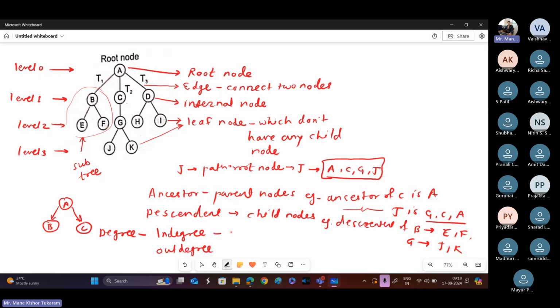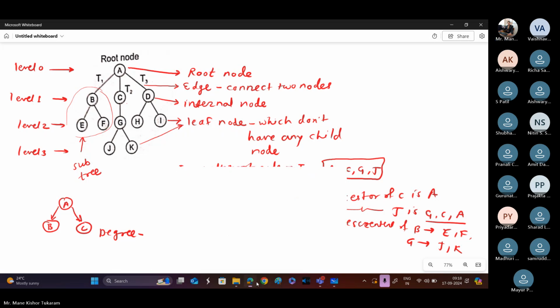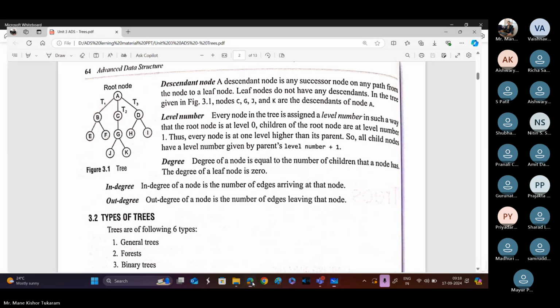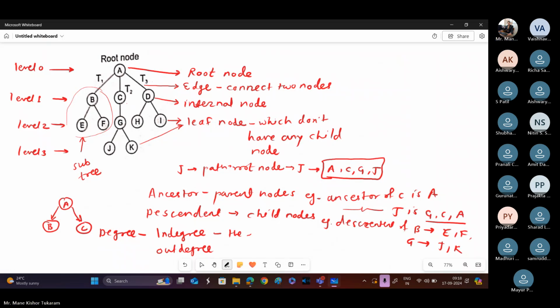So in degree means the edges coming to a node, and out degree means the edges going from a node. So what is the in degree of this particular A?